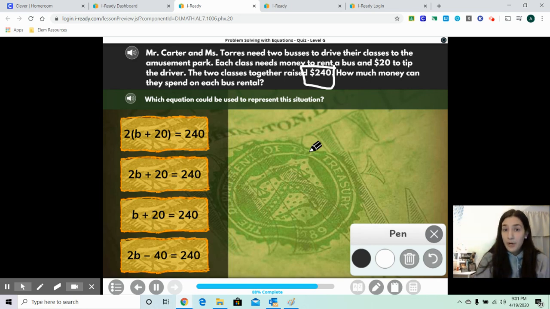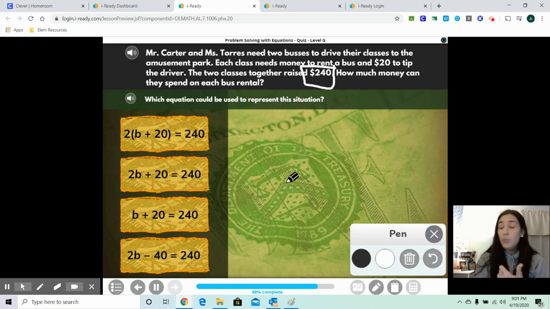We also know that there's 2 buses that we need, which means there's 2 bus drivers that we have to tip. So that means we need the tip money and the bus fare money. How much money can they spend on each bus rental? B is going to represent the cost of the bus rental. So we need B plus the $20 tip.